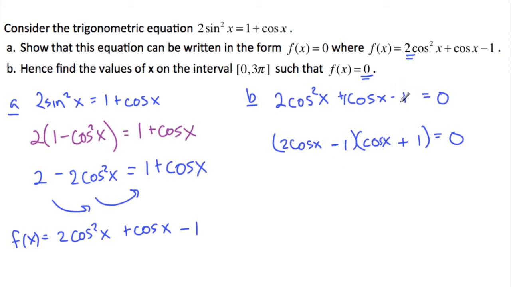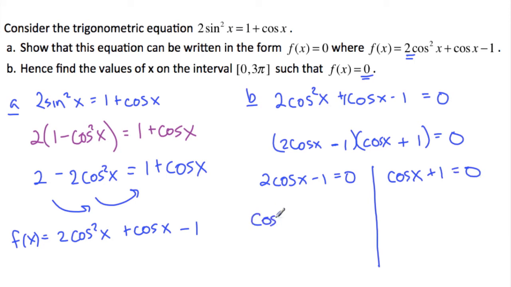Let's just check, that's a minus 1, and I do get a minus 1 when I multiply those. Now what? Well, set the factors equal to 0 and isolate the cosine x. So now we have cosine x equals 1/2, and cosine x equals minus 1.